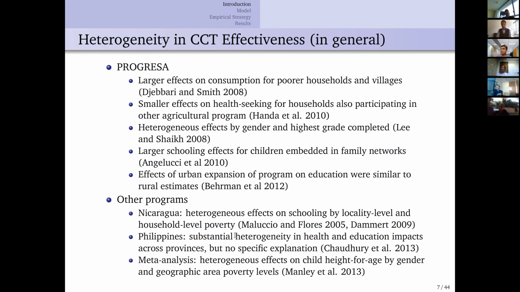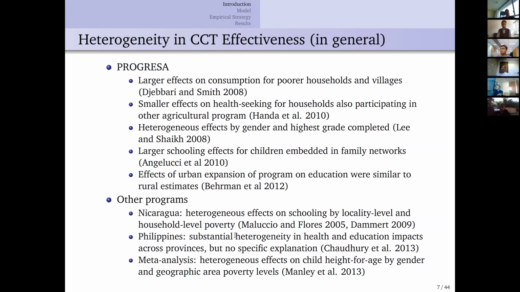And then even at this point, you have enough data for meta-analyses, and there are heterogeneous effects documented across things like child height, gender, and again, poverty. So heterogeneity has been examined across a number of dimensions. The dimension I'm going to be studying here is labor market conditions.